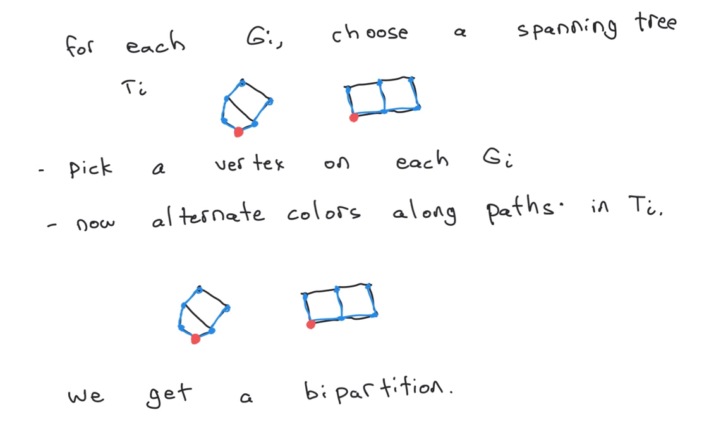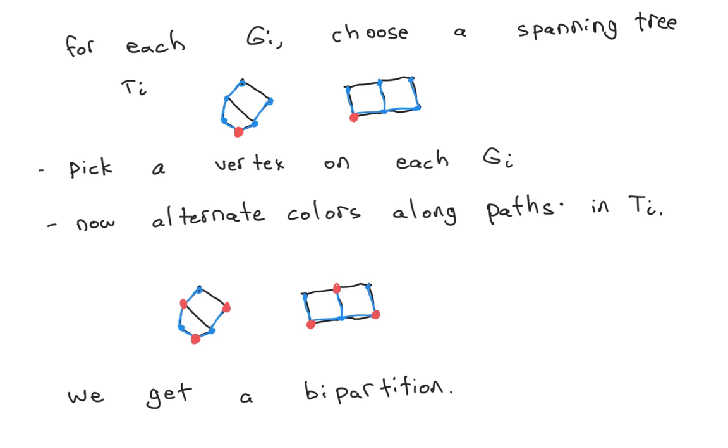Now for each component, you pick a vertex and color it red. Now you alternate the colors on the paths in the tree. And you immediately see I made a typo there.